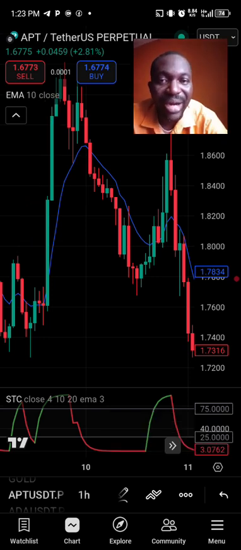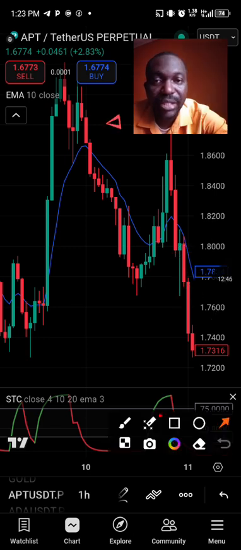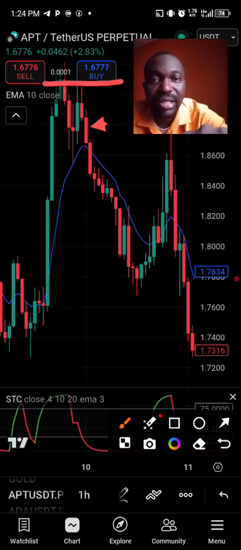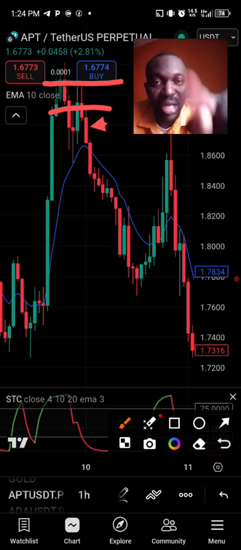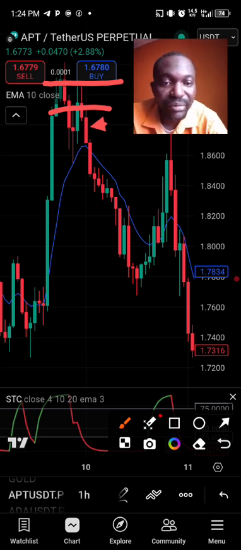Now, when price got to this point, this is actually a resistance level. If you have watched my previous video, you know about resistance and support. This is a resistance level. So when price got to that level, the resistance held there for a while and then pushed back down.